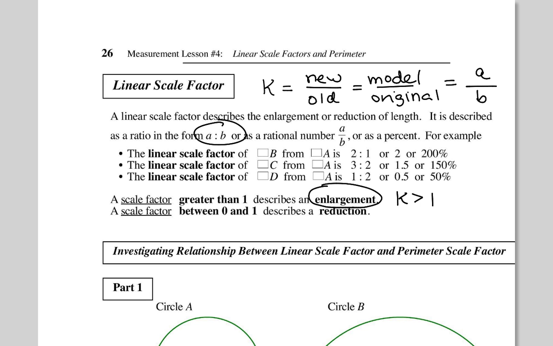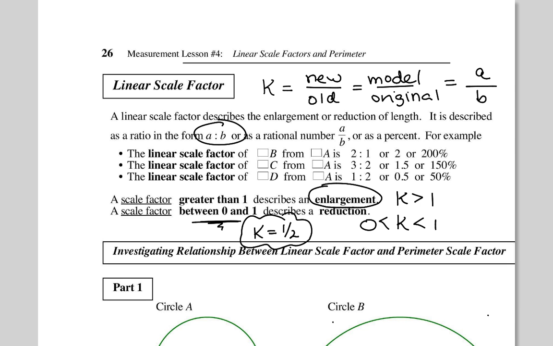That's a reduction. So if your K value is less than 1, but of course bigger than 0, because if it was 0, you would multiply by 0 and you'd get nothing. So between 0 and 1. So an example of that would be like K is 1/2.